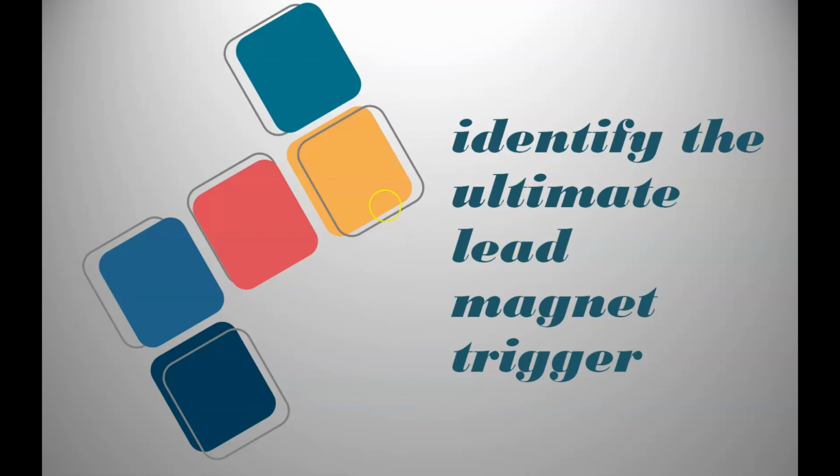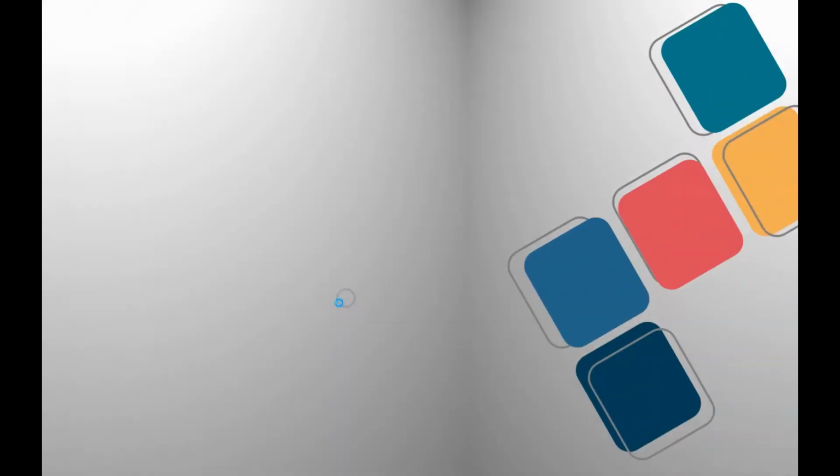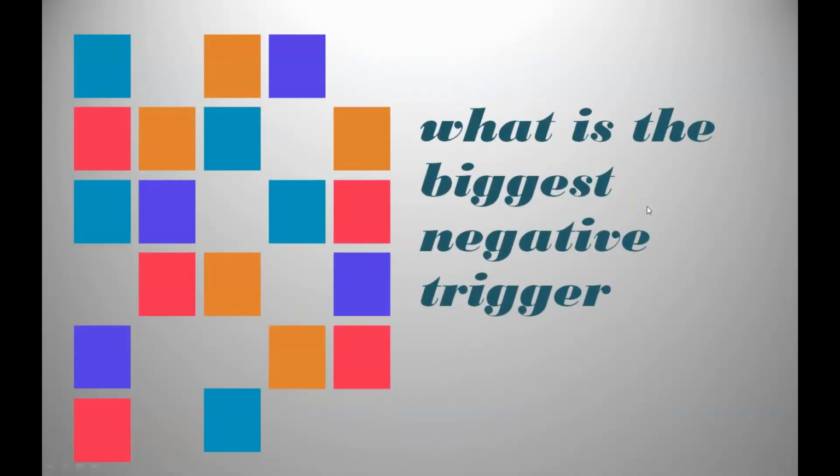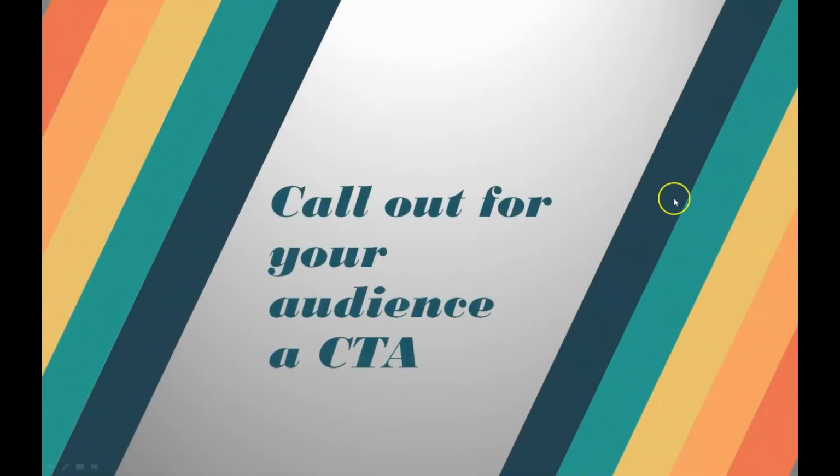So you've already done that, so you figured that out. And as you figured out what it is that they really want and desire the most, you've gone through what's the biggest negative trigger, and you've also found out the biggest positive trigger. Once you've figured that all out, then you can call out to your audience.